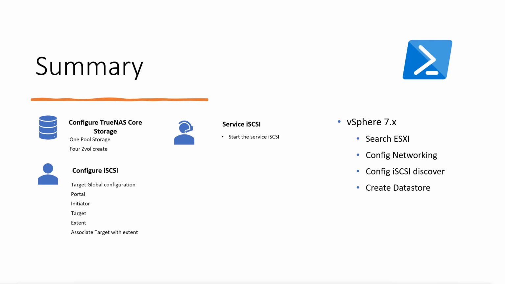And at the end, I start the iSCSI services. I use vSphere 7. I have a PowerCLI script to search my ESXi hosts, configure the network, configure iSCSI discovery, and create my datacenter and my datastore.